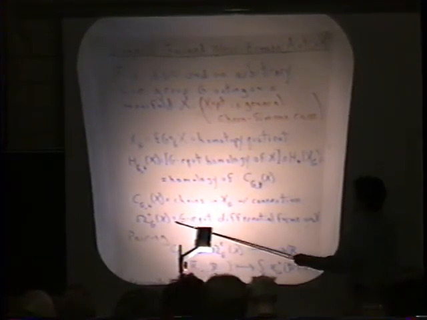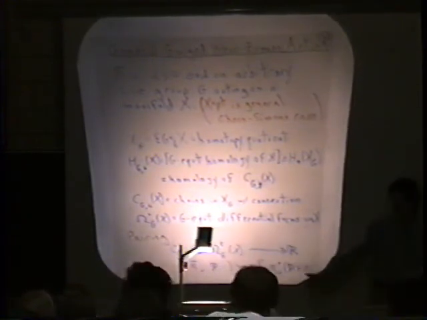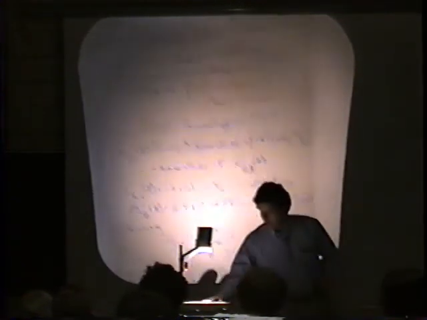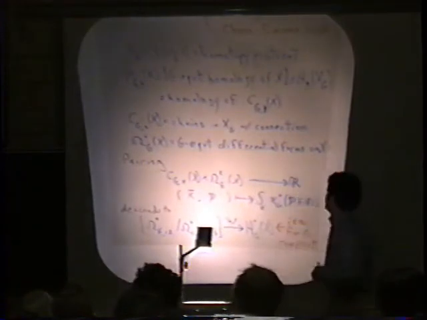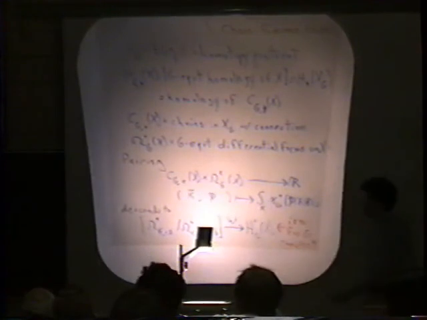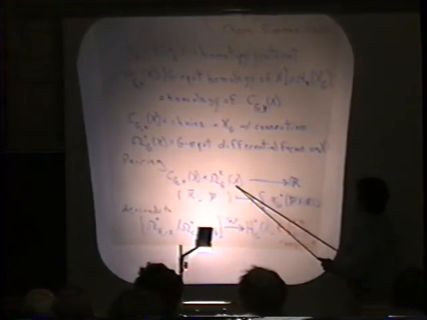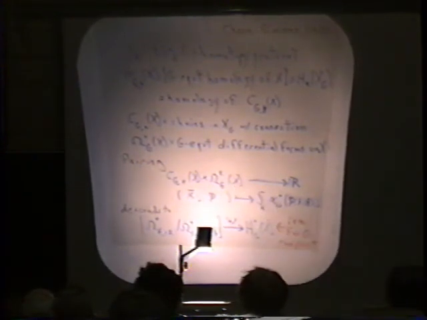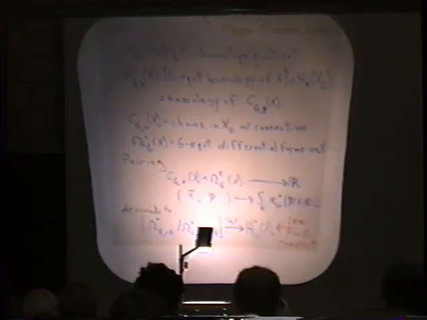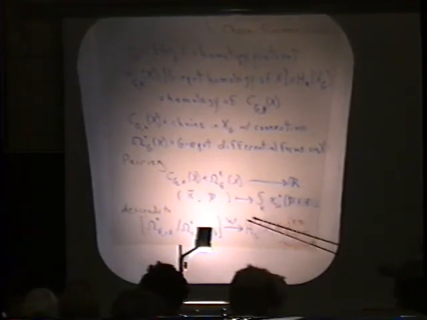It's just a generalization of the de Rham complex of X, which also adds in invariant polynomials on the group, and it's called G-equivariant differential forms on X. Now that I've introduced connections on the chains, we have a pairing between this chain complex and this cochain complex, which in the case when G is compact computes equivariant cohomology. But in any case, in general, we have this pairing, which I can schematically denote.